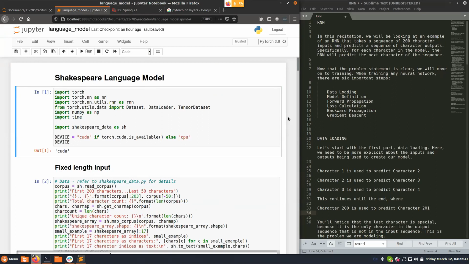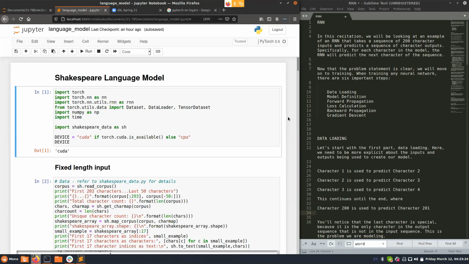For each character in the input sequence, we want to predict the next character. Kinori showed the many-to-many, one-to-one, many-to-one cases. This is the many-to-one case. But really, when you're looking at the RNN, it goes from one sequence to another sequence, and that's what we'll be going over.